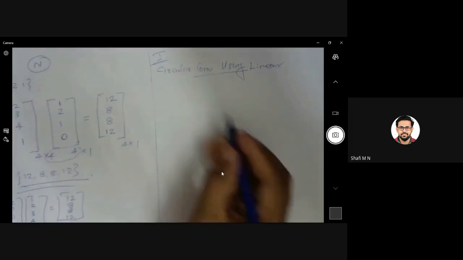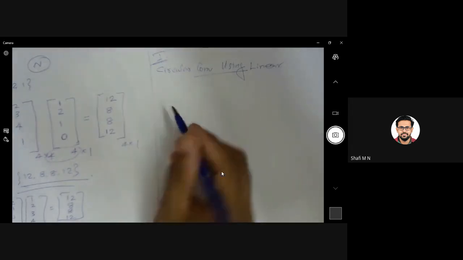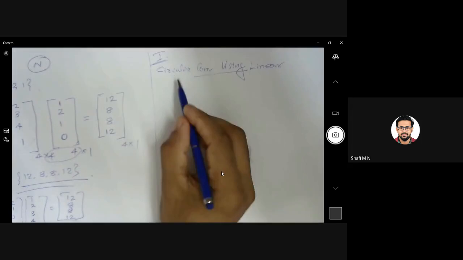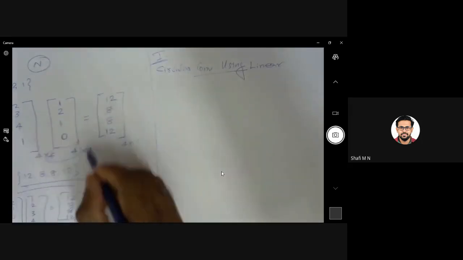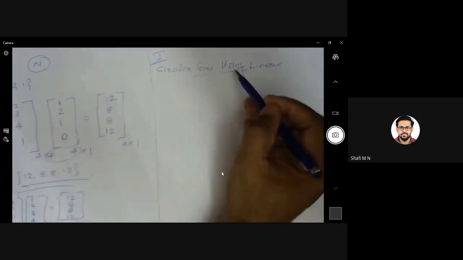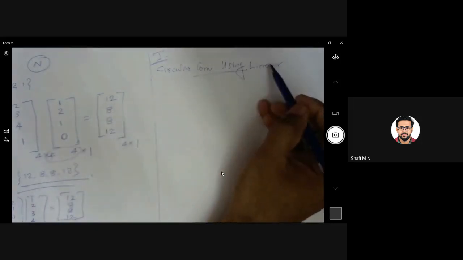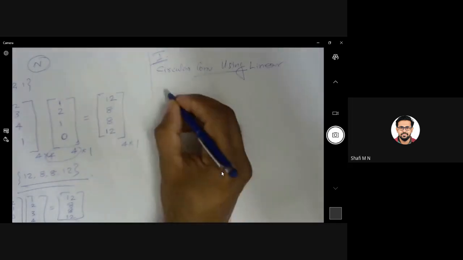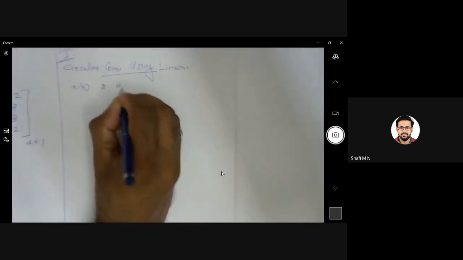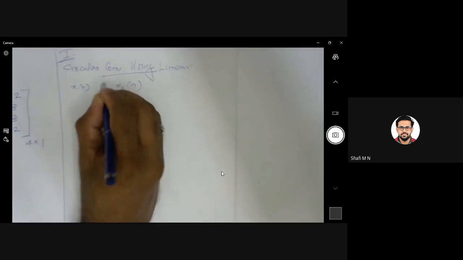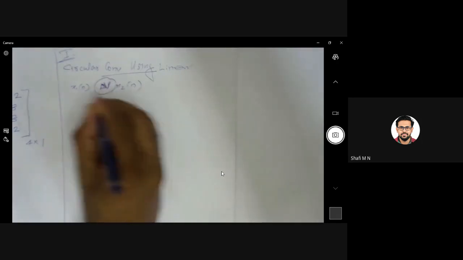Okay, circular convolution using linear convolution. So finally, what you want is the result of circular convolution. But you should not perform circular convolution directly like this. You have to do it using linear convolution. That means if you have two sequences x1 of n and x2 of n, what we want to perform is the circular convolution of these two.